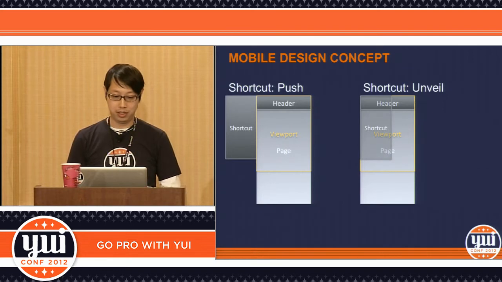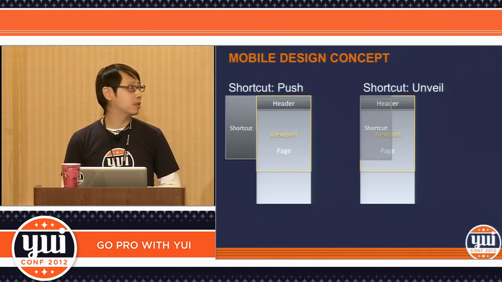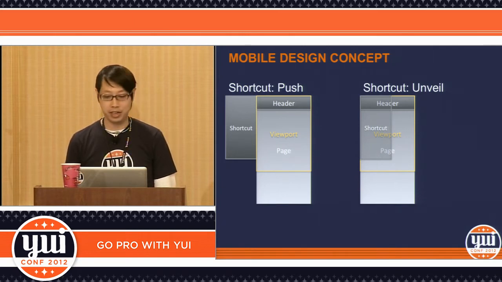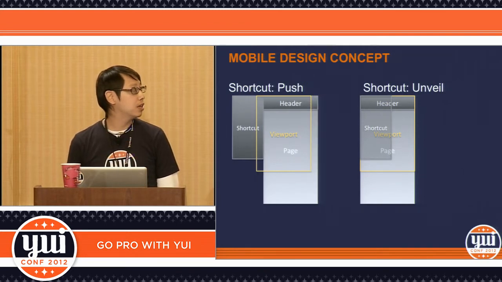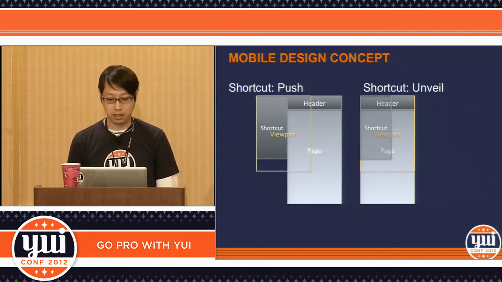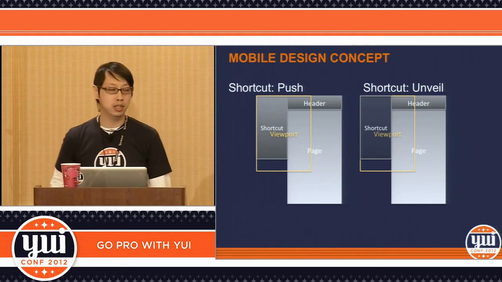And thinking about customization, here are two ways to transition the shortcut in. The left-hand side is push, just like this, and the right-hand side is unveil. From the beginning, the shortcut is hidden under the page, and then we move the page, then the user will see the shortcut.